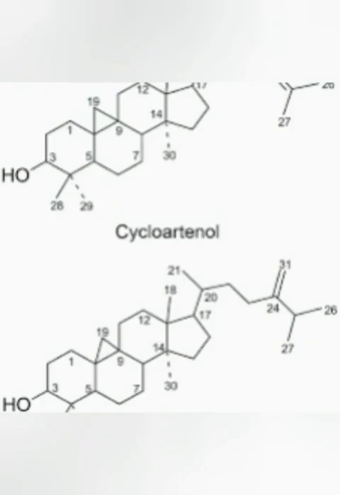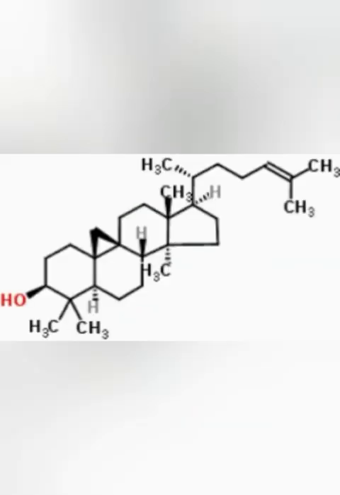Now, the third phytonutrient on the list is cycloartenol. Cycloartenol is an important triterpenoid of the sterol class found in plants. It is a phytosterol compound and a precursor substance for biosynthesis of numerous sterol compounds.